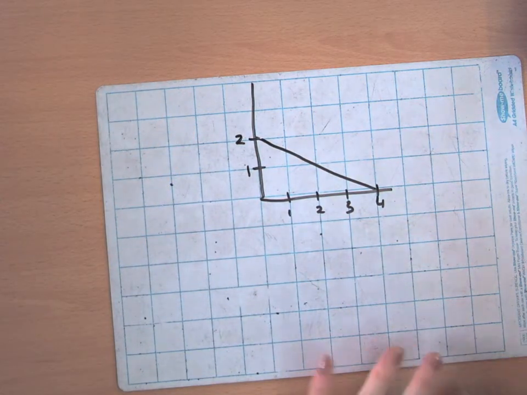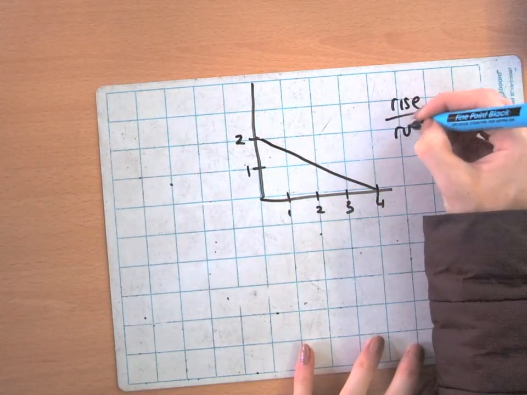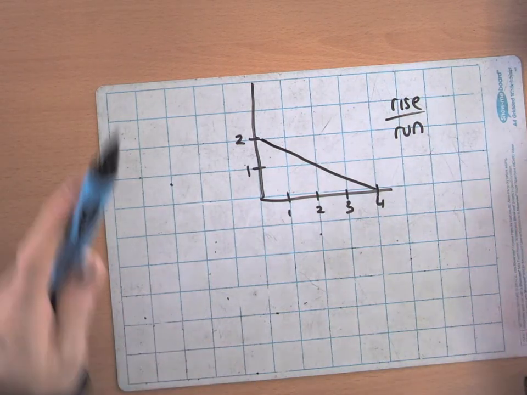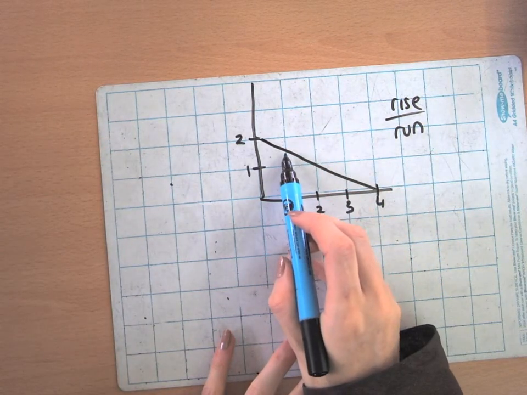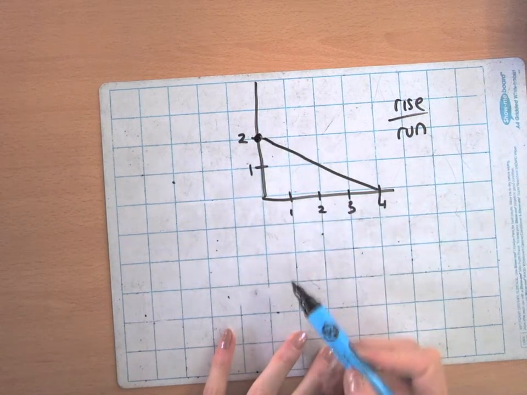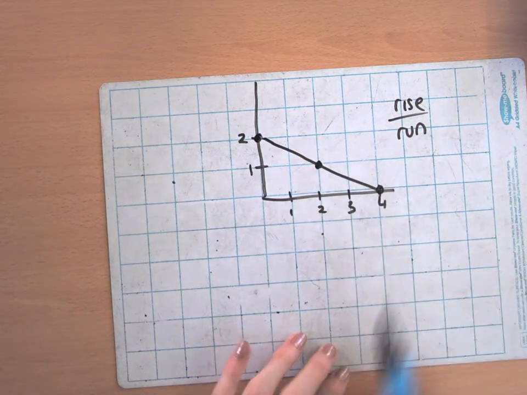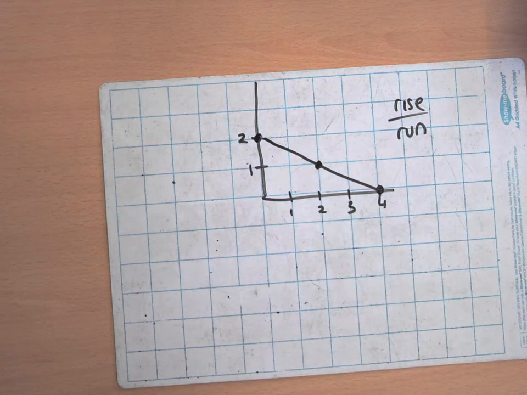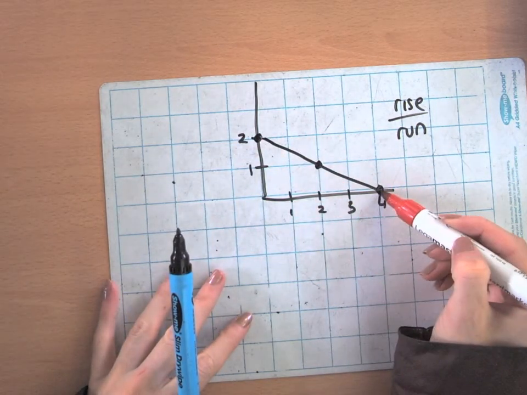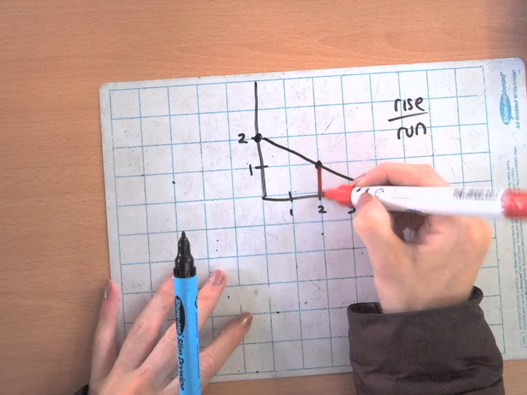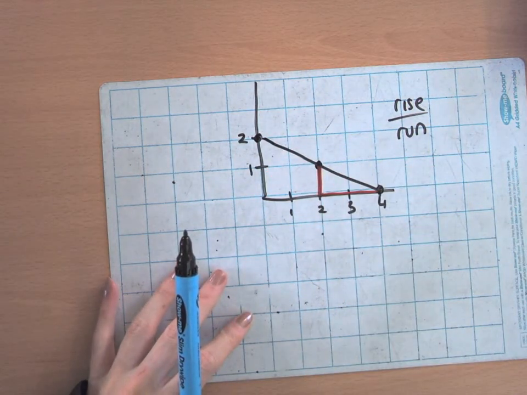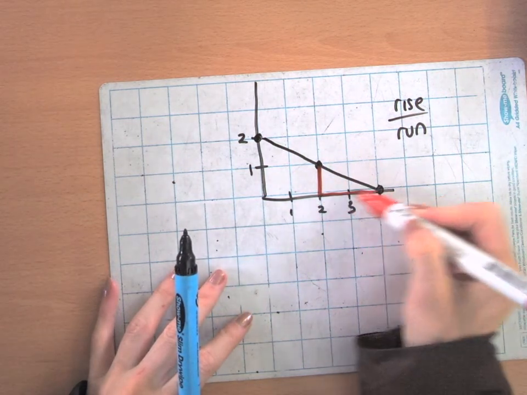Okay, now let's do rise over run for this. First of all, I need to make my triangle, don't I? Now, I'm not going to use this as a point because it's not a clear point. This one is, and this one is. I can use any two of those points and I get the same answer. Okay? So if you want to use the full thing, that's fine. If you just want to use these two, that's fine. Or you might use these two. Totally up to you. Okay? So let's say I'm using these two.